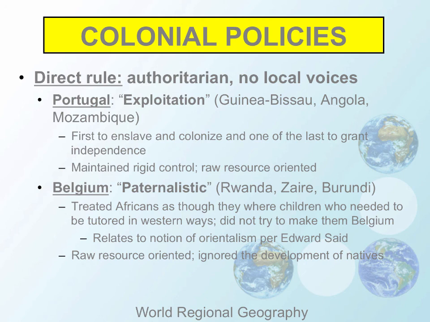There's a history of seriously abhorrent human rights abuses that I encourage you to learn more about. But the countries that were under direct rule included Guinea-Bissau, Angola, Mozambique, Rwanda, Zaire, and Burundi. And this was a very, very paternalistic, direct, and a very harsh way of ruling.